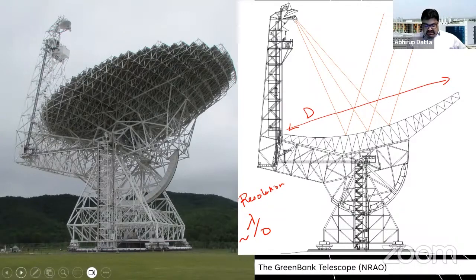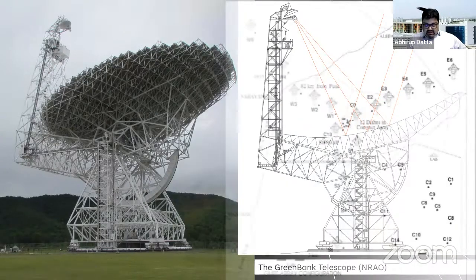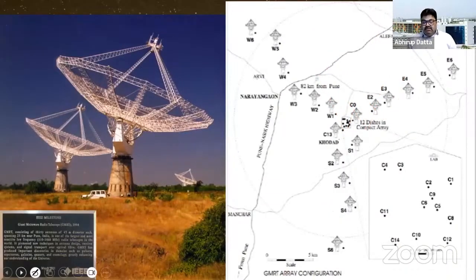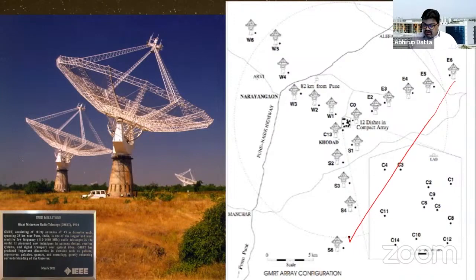As the wavelength becomes higher and higher, the size becomes impractical. So we shifted to something called radio interferometry, where now the single dish size can be replaced by the dimension of the array, or the maximum baseline.